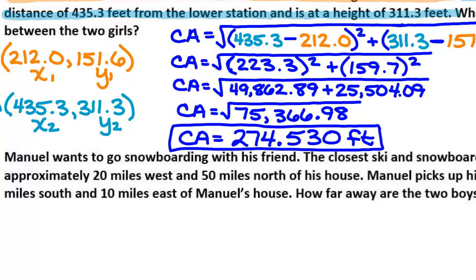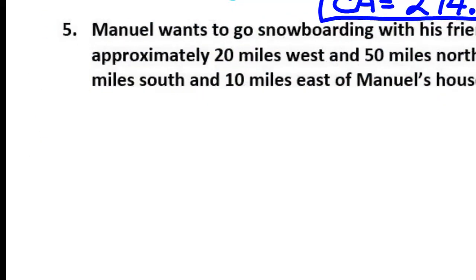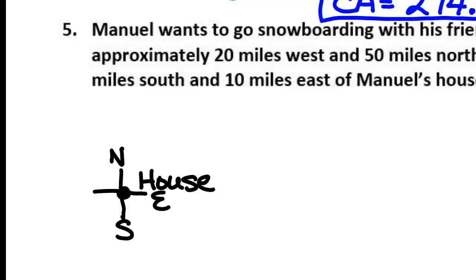All right, so let's start by drawing a picture here. So I'm going to put Manuel's house on here first. And I'm going to draw a little north, south, east, west.